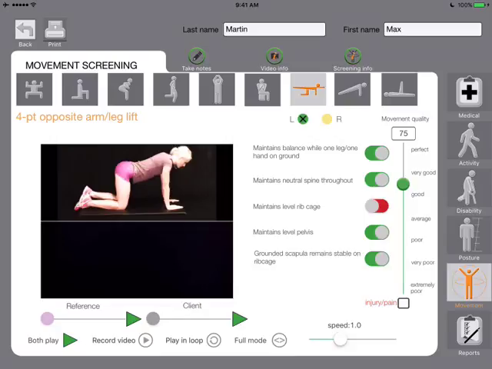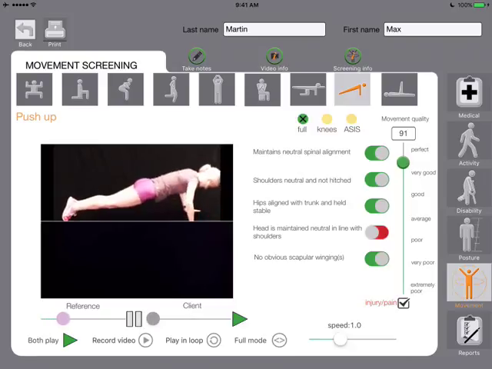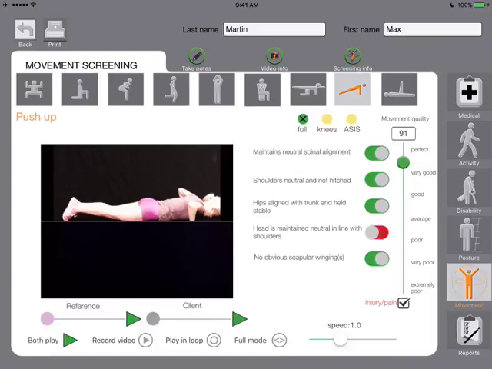However, the 4-point is more about stability, and also stability of the shoulders, so that movement is weighted more heavily for stability of the shoulders. When we look at the push-up, we're looking at more strength. Of course, stability is important, both stability of the shoulders and the trunk, but it's weighted more heavily for strength.